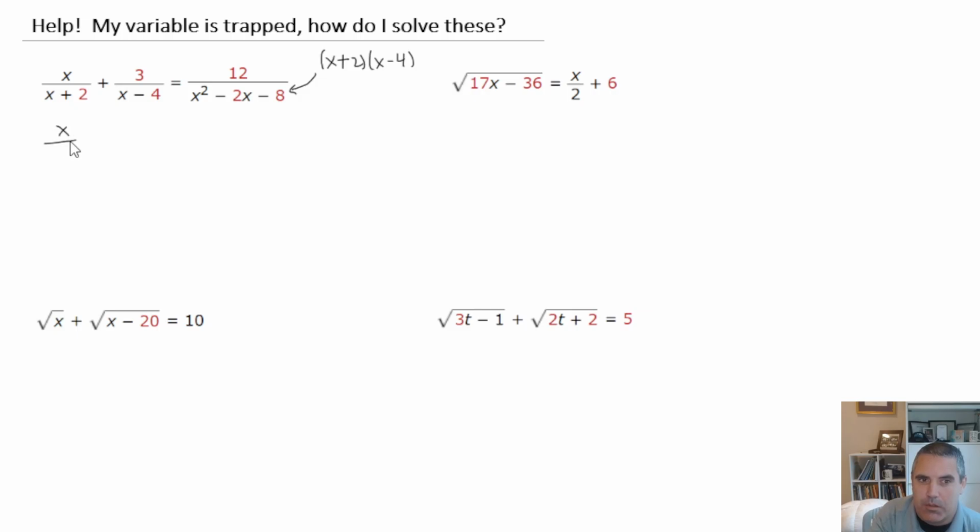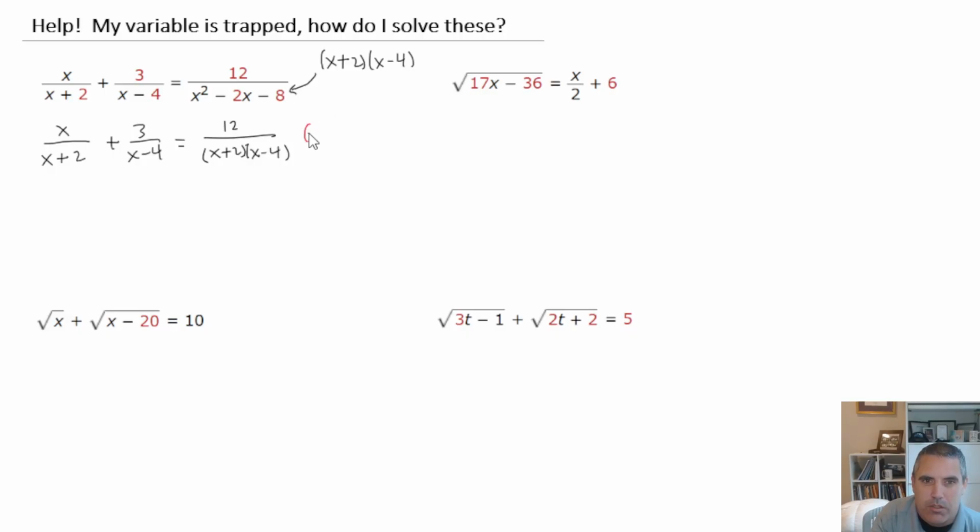The normal strategy for fractions that I've been suggesting is to clear the denominators, meaning multiply both sides by any denominators you see. And the clever thing about this particular one is, hey, that denominator is the same. So if you multiply both sides by this, you immediately clean it up.